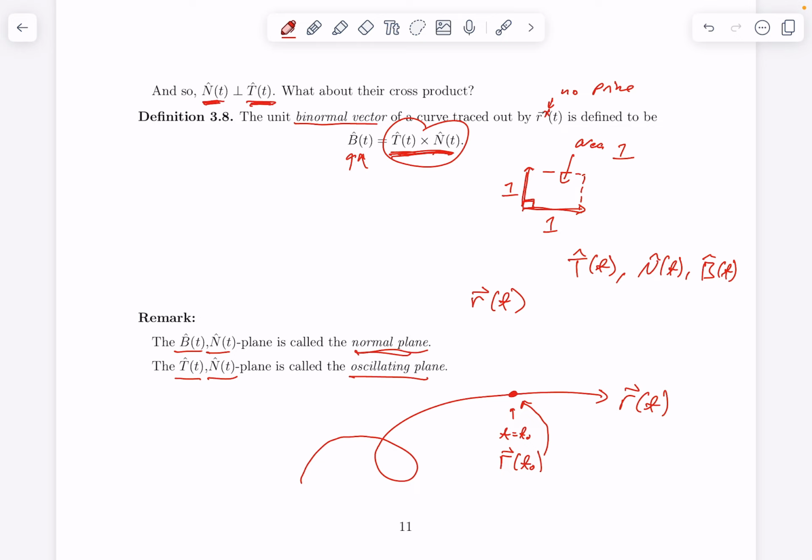Well, so the T goes that way. That's the direction that T goes. N is a little bit trickier to see, but N is maybe, let's say, it goes like this. So this is the N hat. And I'm not sure if it goes down or up. Maybe we'll see if that's the case.